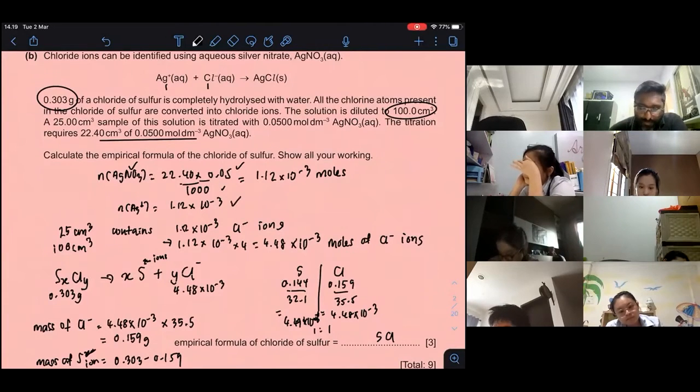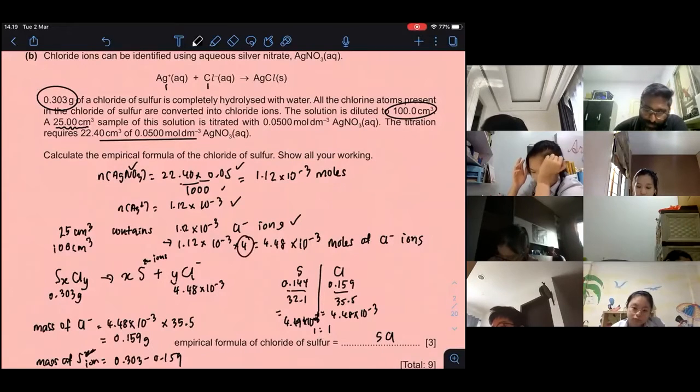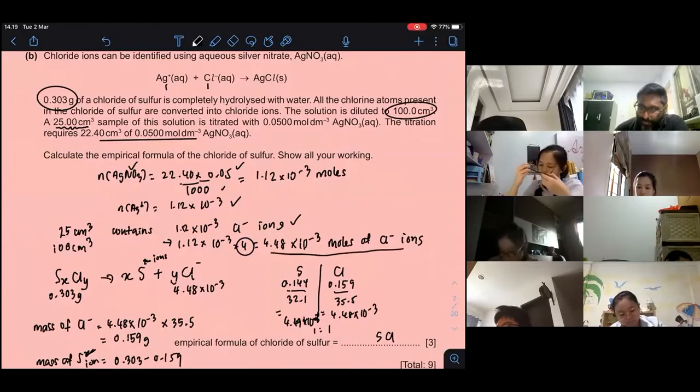It means I can also find out that you have the same number of chloride ions, but do take note, this is going to be 25 cm cube. So I need to convert this into 100 cm cube. So it's 25, I want 100 cm cube, so I times this by 4, so that I can find out the number of moles of Cl ions in 100 cm cube.